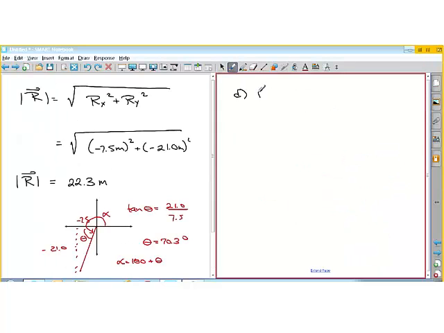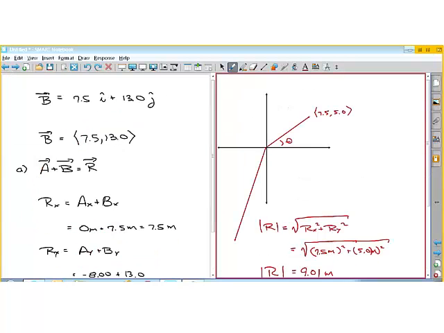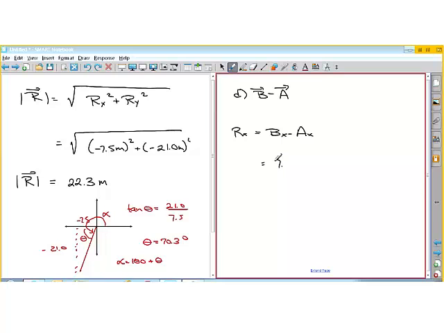But when we subtract vectors, like in D, where we do B minus A, again, we do the x component of the resultant vector, which is going to be b sub x minus a sub x. And b sub x was, oh, what was b sub x? I'm going to go back here. b sub x is 7.5 meters minus a sub x, which is 0.